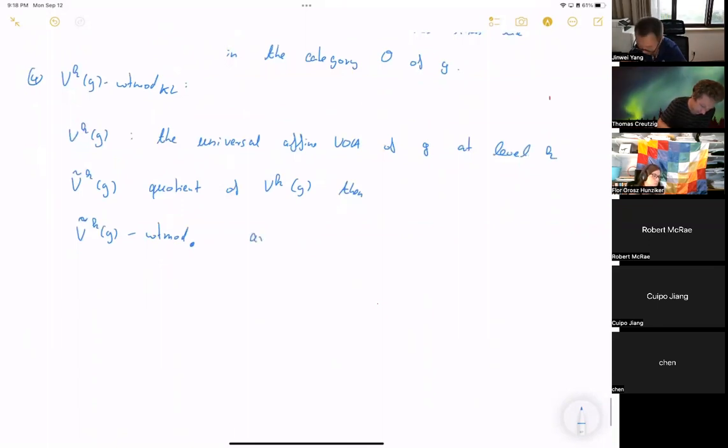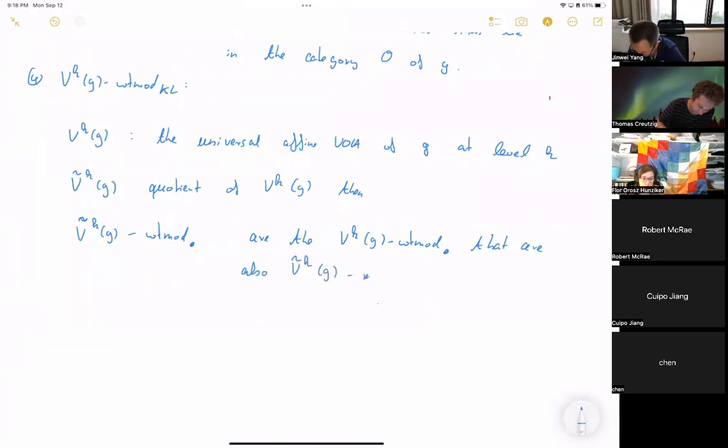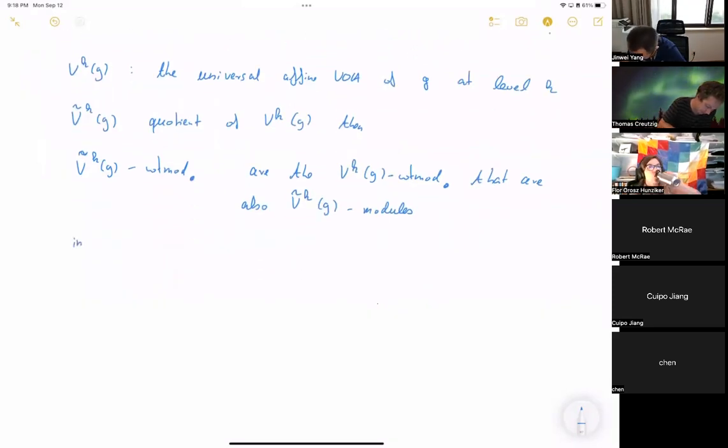What are these then? These are the modules for the universal VOA of this type, of the type dot, that are in addition also modules for the quotient. And we will be interested in the simple quotient, which I denote by an L.